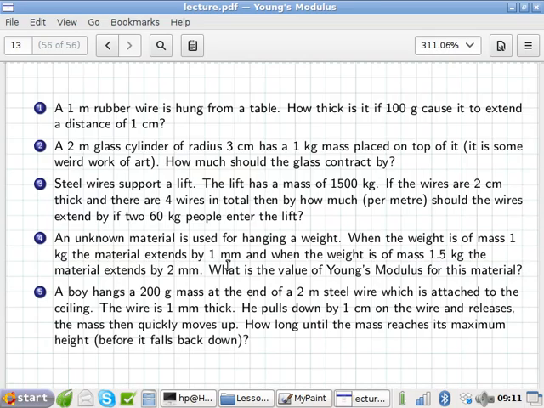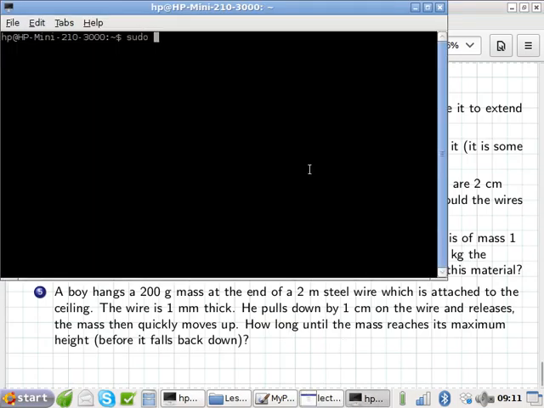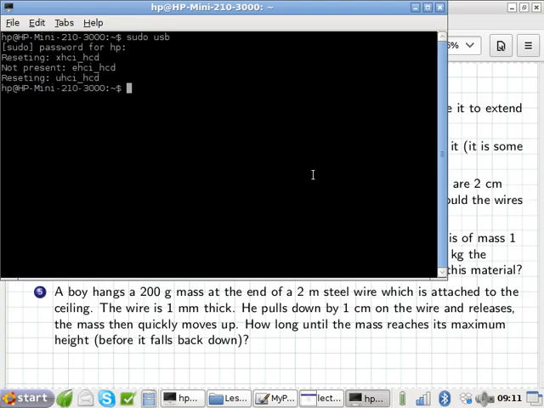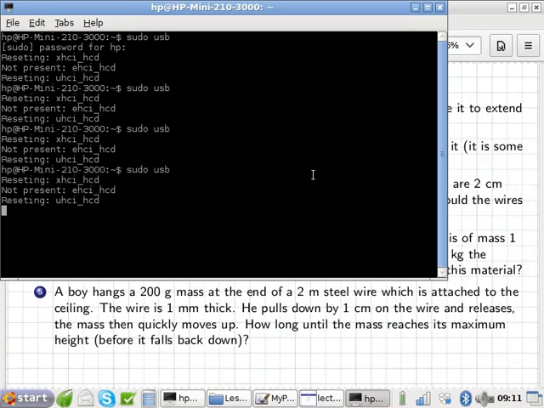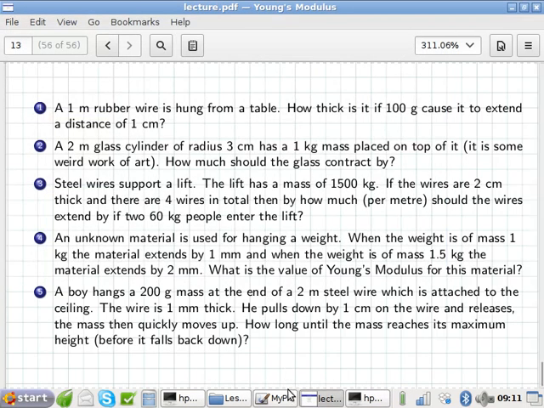So what you have here, where's my pen? Right, so number 1.